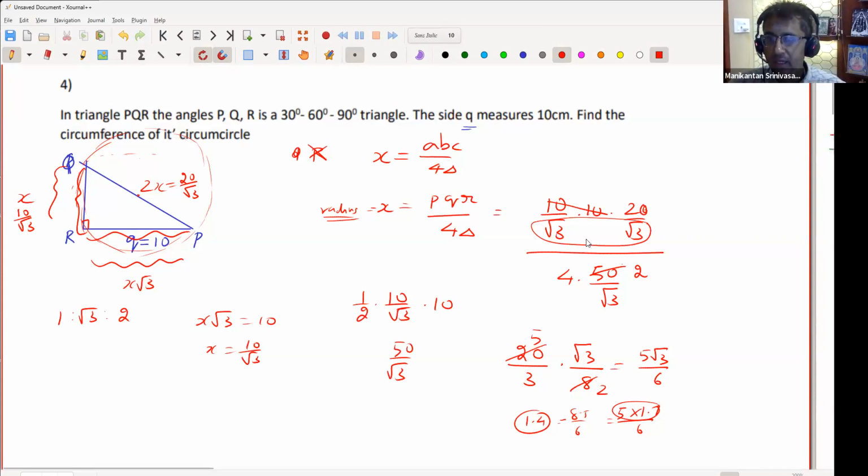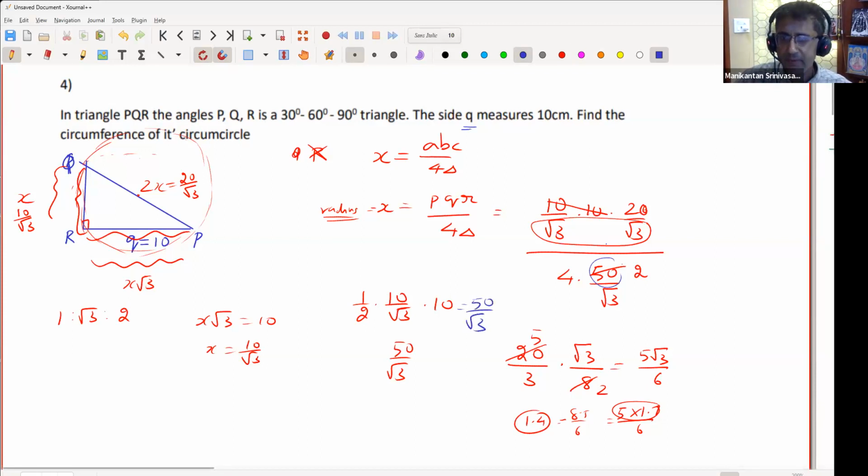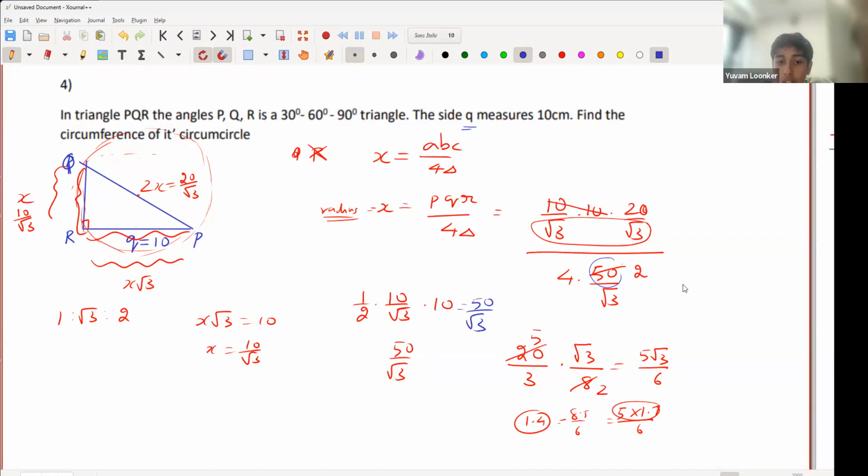No, 50 was fine. When I cancelled the 100, I put the 2 on the bottom instead of top. Okay. How did I get which 50? This 50, right? This is 50 by root 3, half into base into height. Yes. Who asked about 50? Sir, I asked.